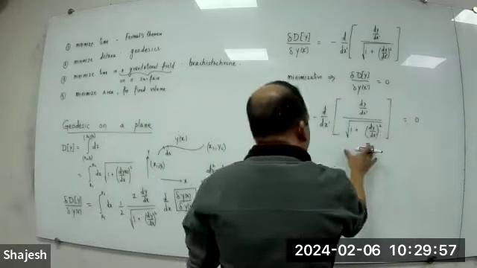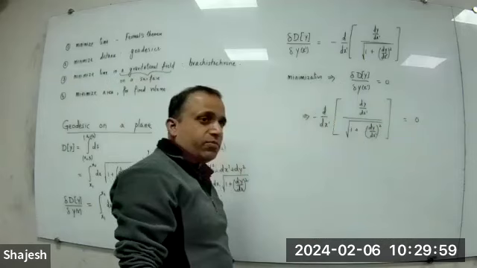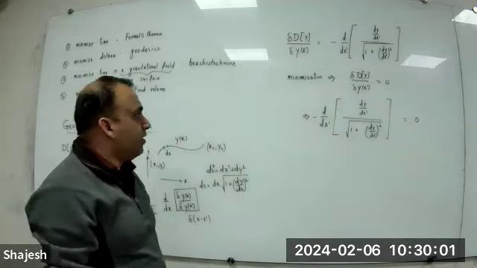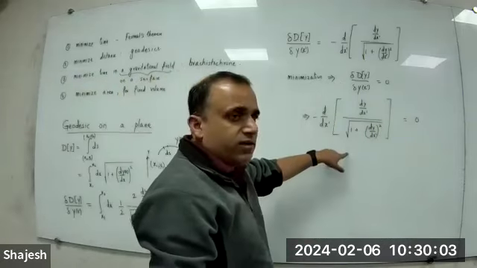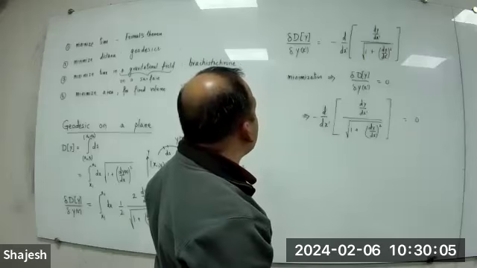Which means that this is a constant, right? If the derivative of something is 0, that means the quantity must be constant.